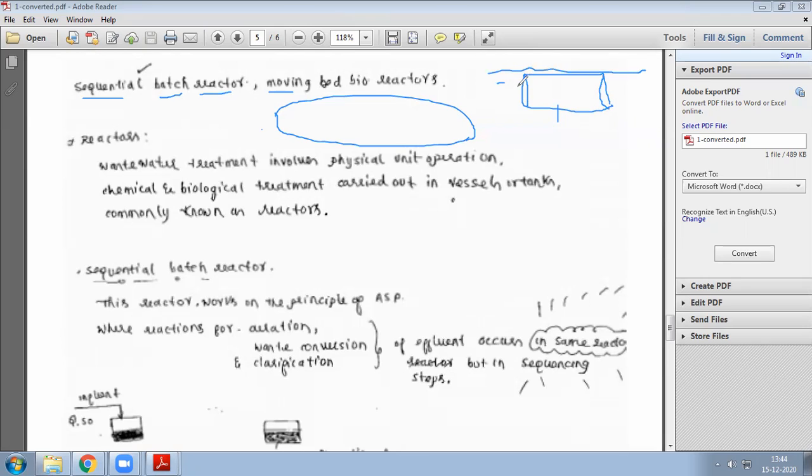You can excavate the soil strata, dig it, place it and close it. Your waste will be flowing, it will be treated and it will come out pure. So this is completely an industrial application.